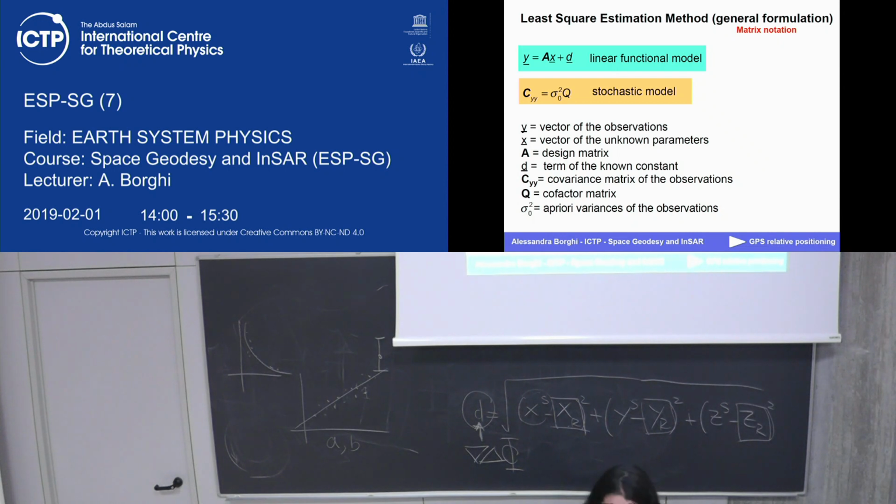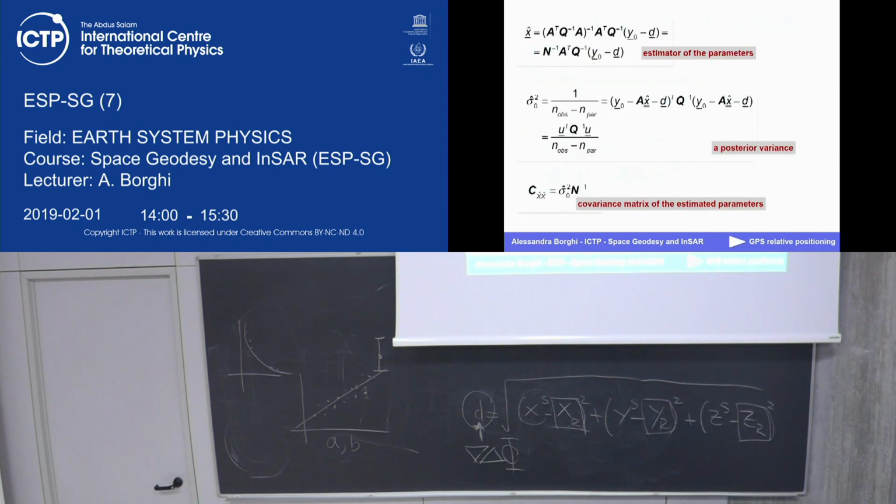It's not important, but I think it's important to understand the basic concept. So, the vector of the parameters can be estimated by computing this quantity.